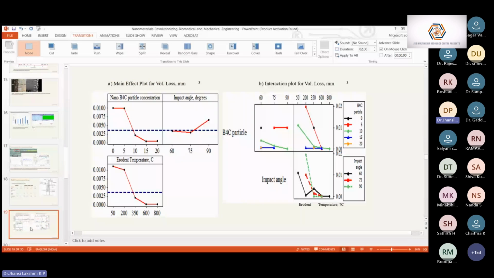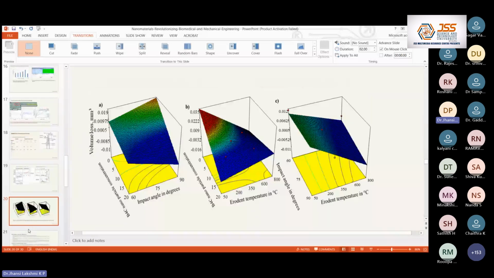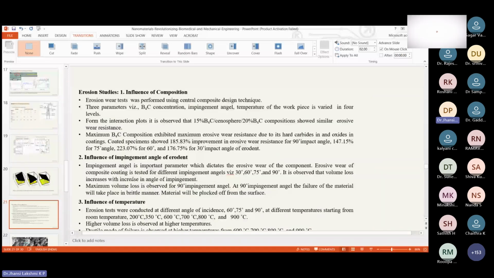So these are the interaction plots. From these plots, we can see the influence of temperature, impingement angles and composition. At higher temperature, the failure of material is in the ductile nature. The study is done for different impingement angles.